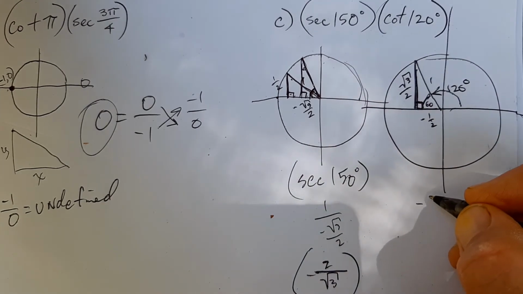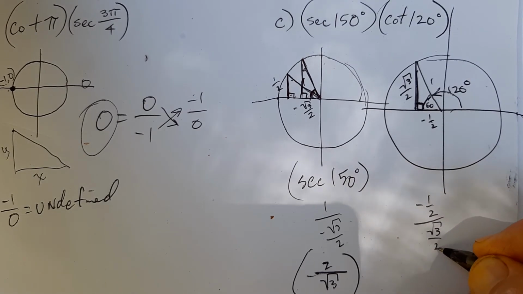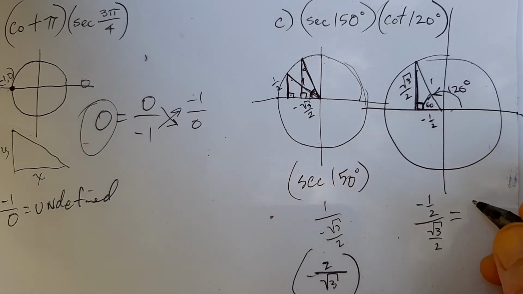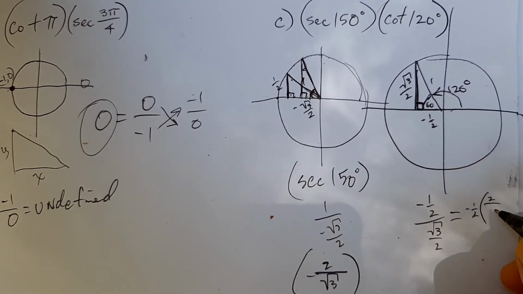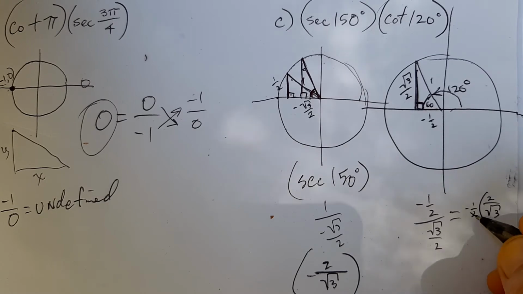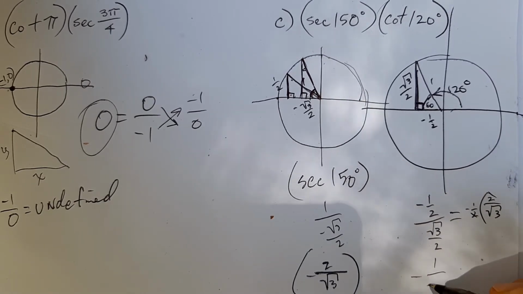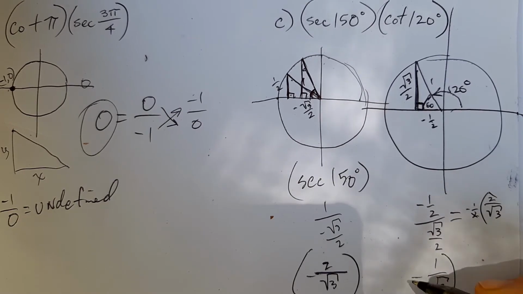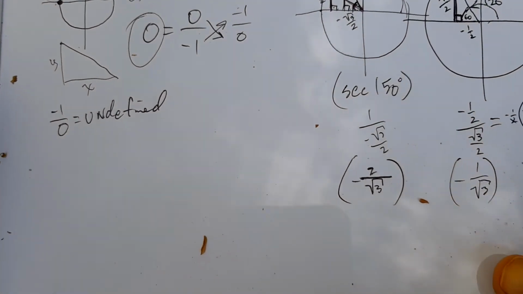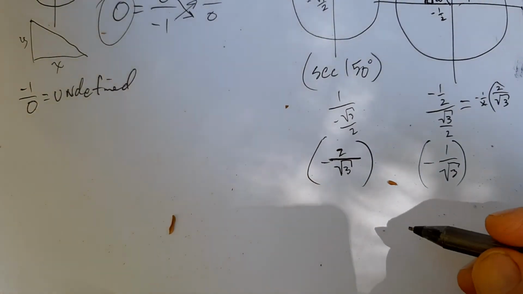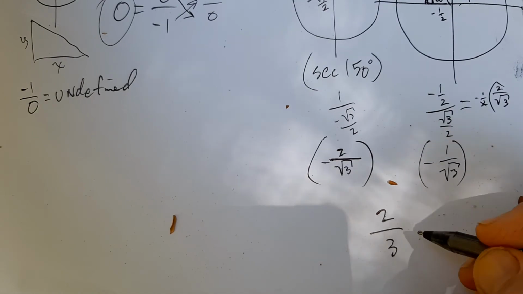So it's going to be negative 1/2 divided by square root of 3 over 2, which equals negative 1/2 times 2 over the square root of 3 equals negative 1 over the square root of 3. So I multiply those two together, I will get positive 2 over 3, 2/3.